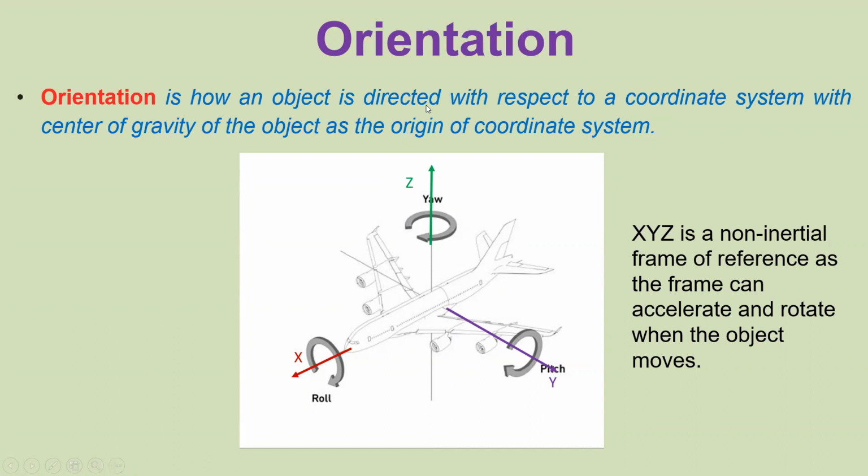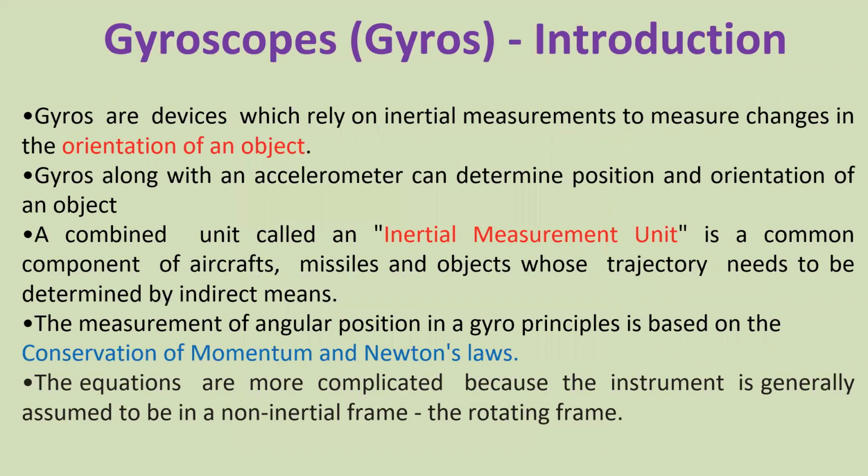So in this slide, what you need to understand is what orientation is. It is how this object is directed with respect to the coordinate system defined on, that means placed on, the same object. So that coordinate system is a non-inertial frame of reference because it can rotate and accelerate when the object moves, right? So that is the fundamental knowledge required in order to progress through this lesson.